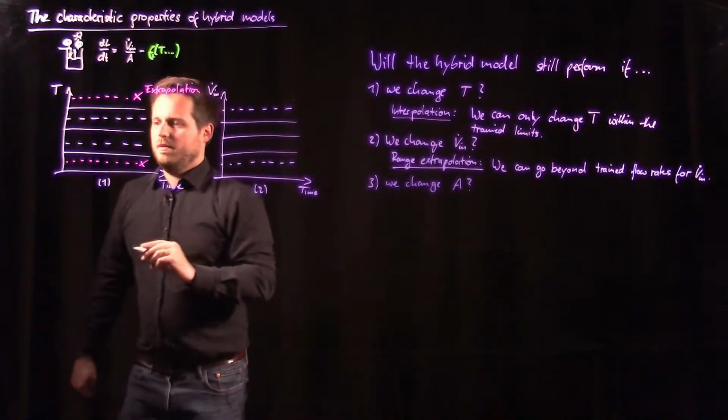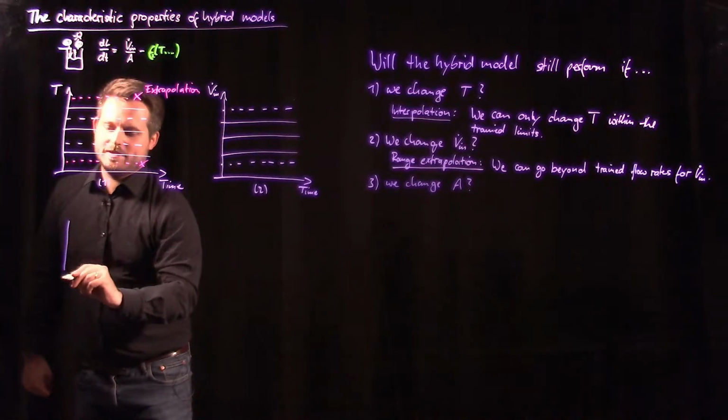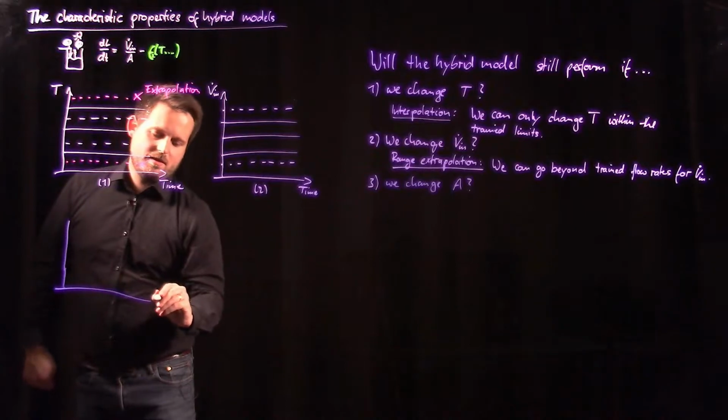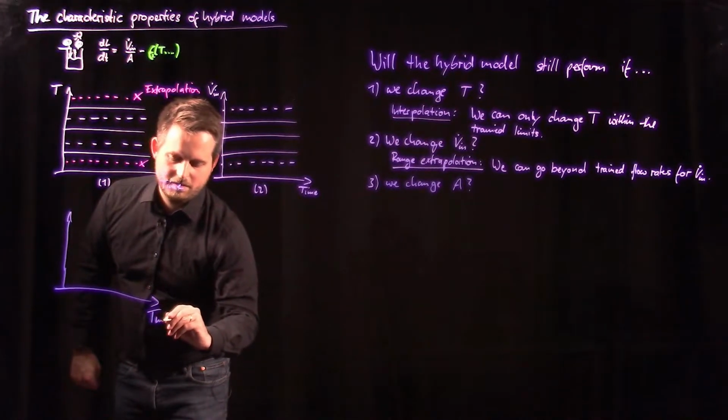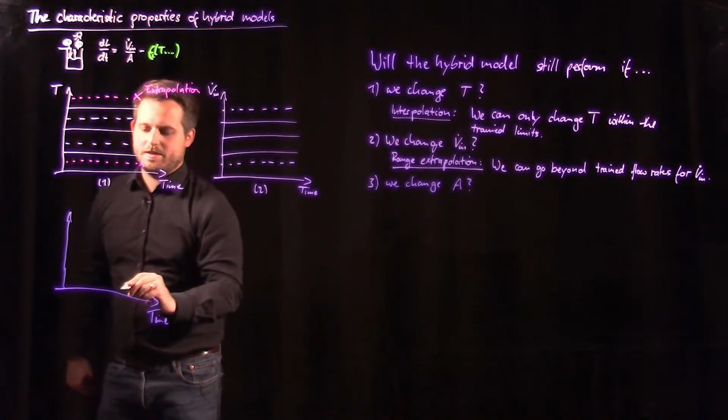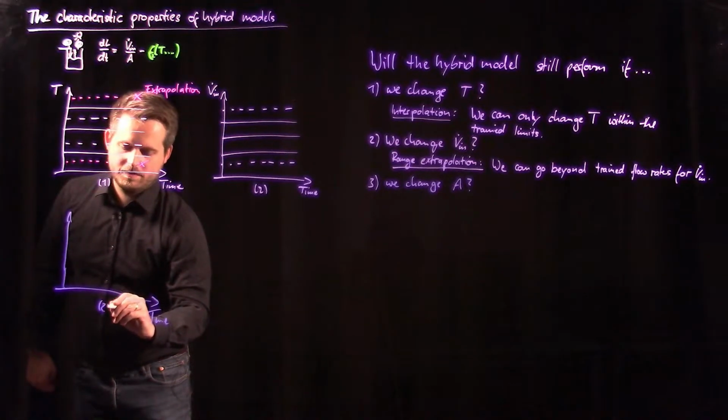Now, what happens in this case is that we again could say, okay, we measured some experiments that would look over time like this.